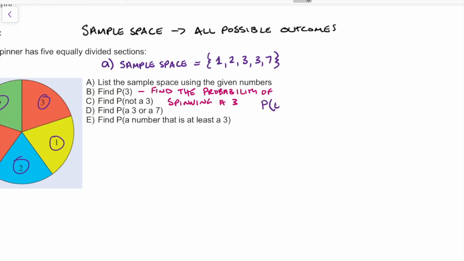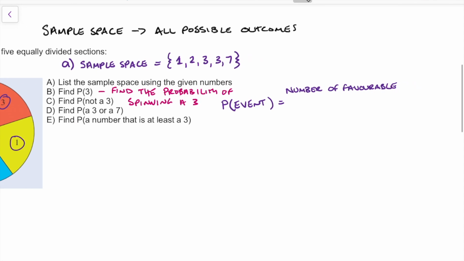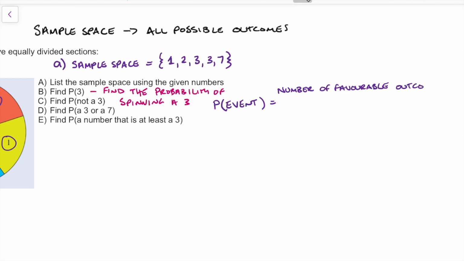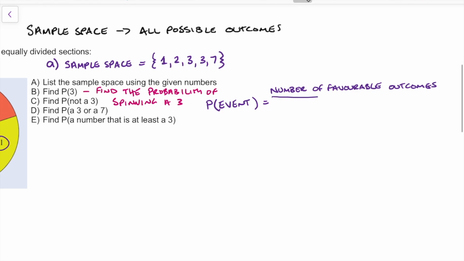We can use the probability of an event equals the number of favorable outcomes, so these are the outcomes we want to have happen, over the total number of outcomes. So the number of times what we want to have happen over the total number there is in the whole experiment.